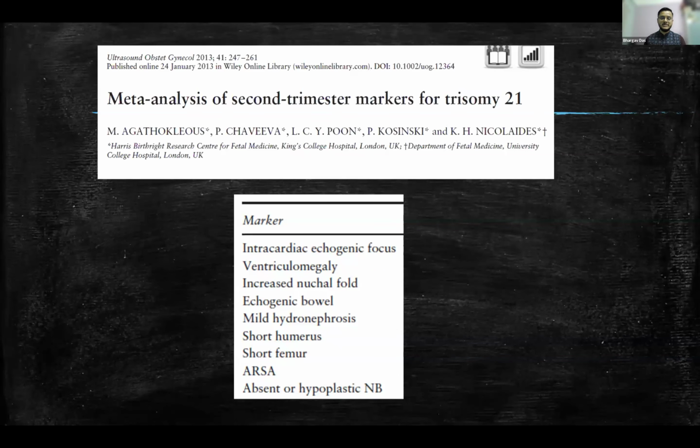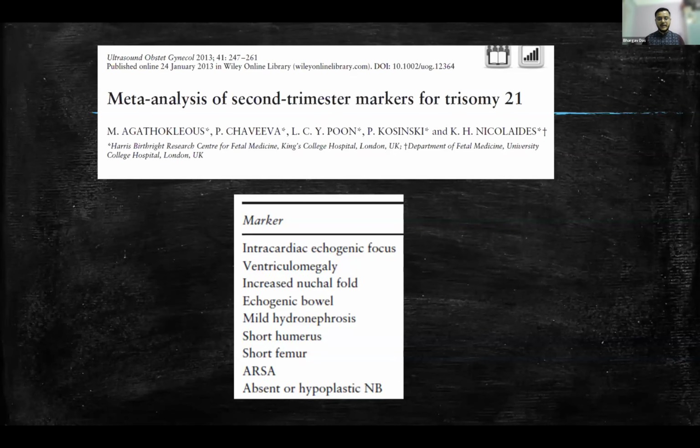This is because of the meta-analysis, in which ventriculomegaly is enumerated as one of the soft markers. When I got a soft marker, we have to look for other soft markers of trisomy 21, because if we get multiple soft markers, the likelihood ratio increases and the chances of trisomy 21 also increase.